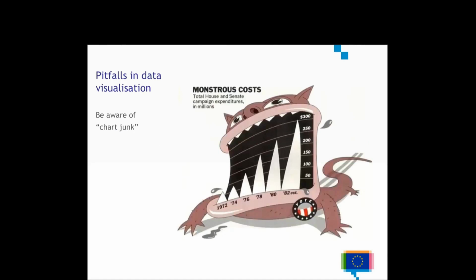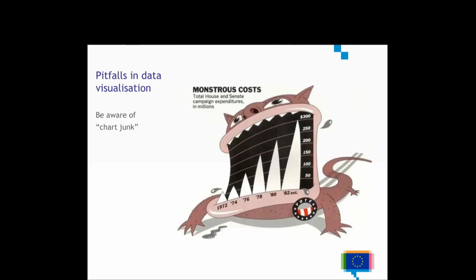Then there is the concept of chart junk. Chart junk is a term invented by one of the great names in data visualization. His name is Edward Tufte, and I can highly recommend his books. They are full of great examples and explanations about how to design data visualizations. And what Tufte is saying is that you should avoid chart junk.